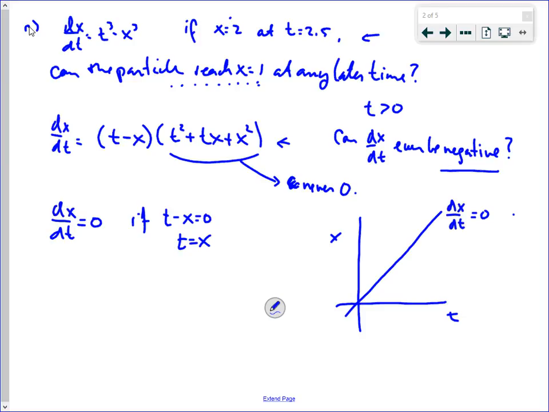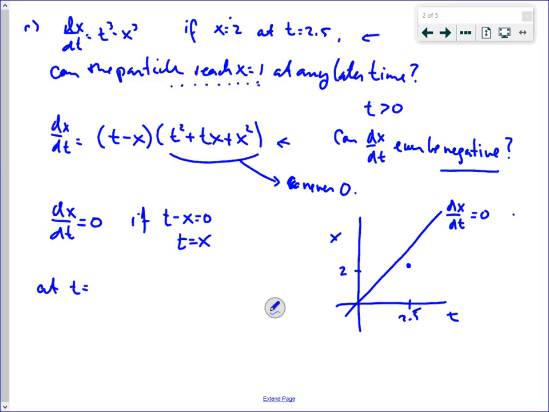Okay, now we are at 2.5, 2. It's not quite drawn to scale. But if this is where dx dt is equal to 0, it's not equal to 0 anyplace else, and this dx dt is a nice polynomial, so it's continuous. It's not going to jump around too much. At this particular spot, when t is 2.5 and x is 2, what is my dx dt?